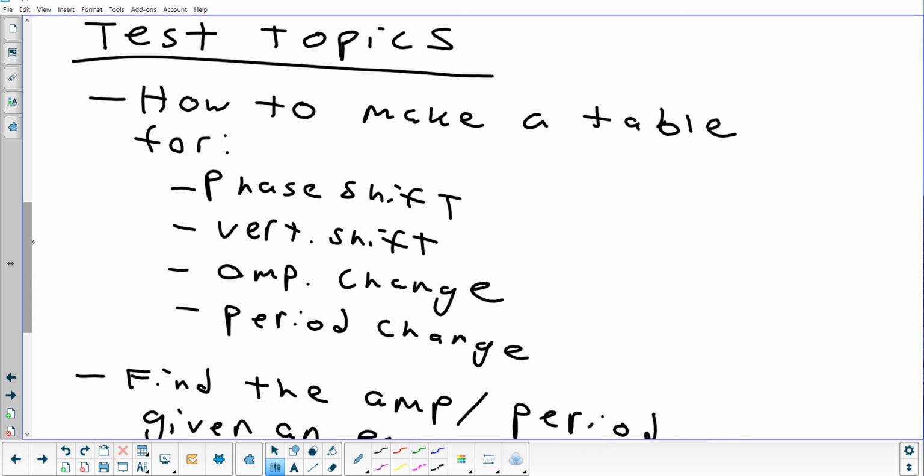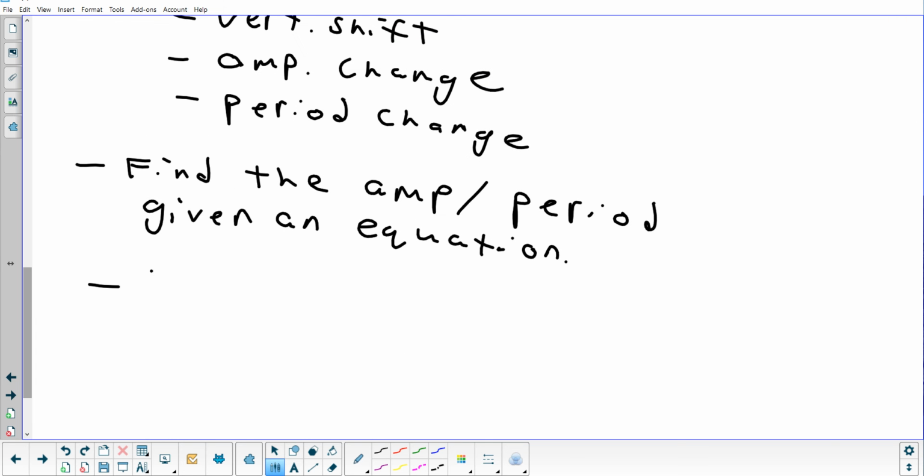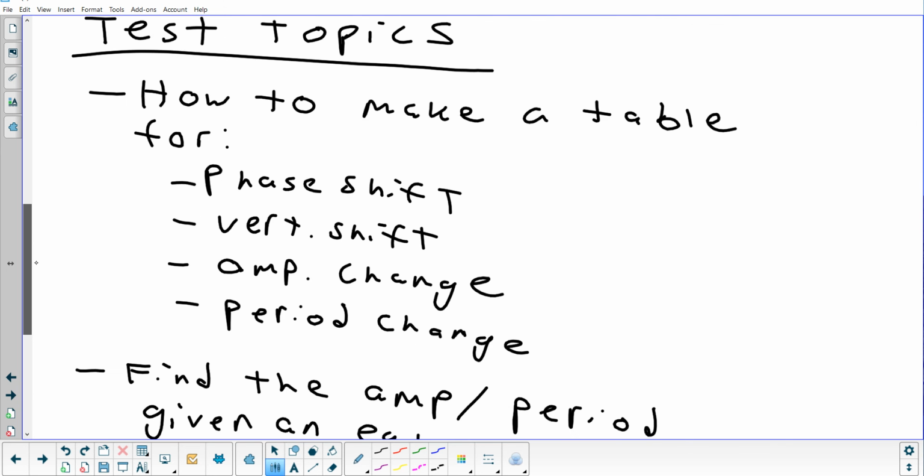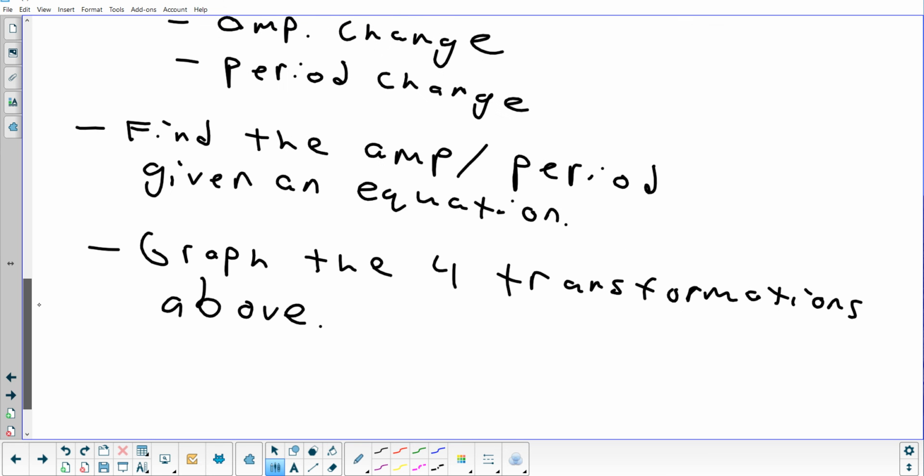How to make a table and graph those. Now, I'll write it separate. So graph the 4 transformations above. So that's everything that's on the test. Making tables, graphing, and finding amplitude and period.